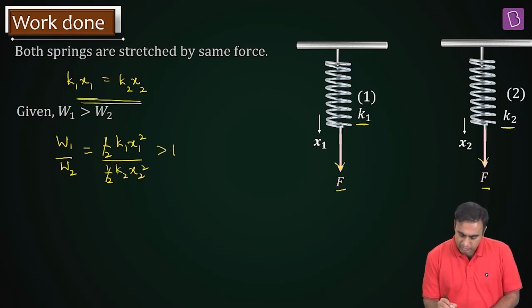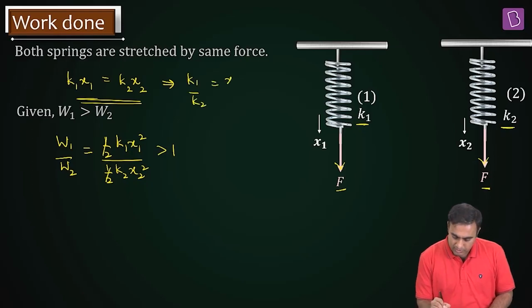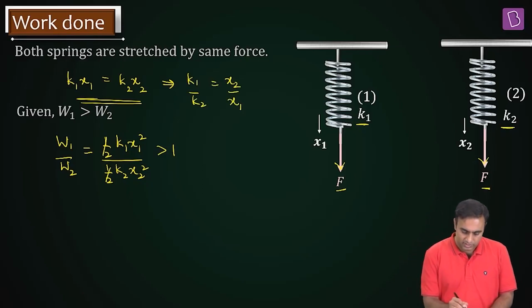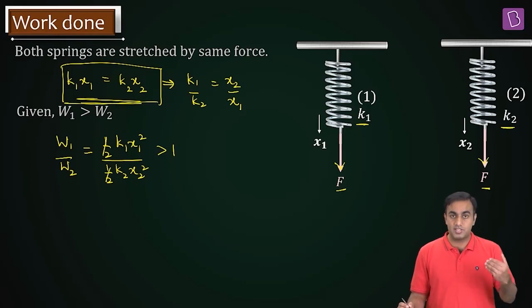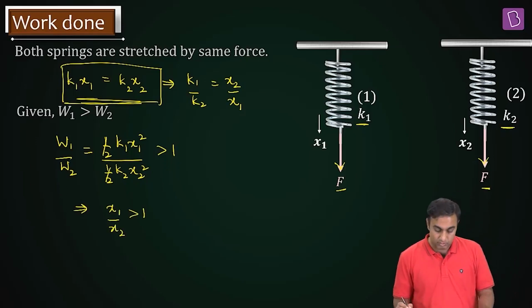From here, we can also write K1 by K2 equals x2 by x1. Do you see that K1 x1 must be equal to K2 x2? So using that and simplifying this, we get x1 by x2 to be greater than 1. Look at this.